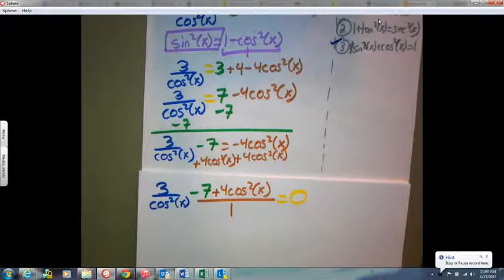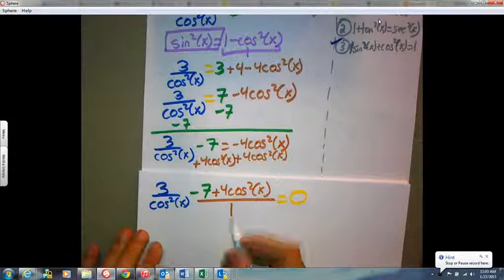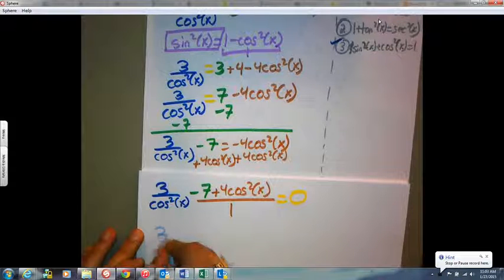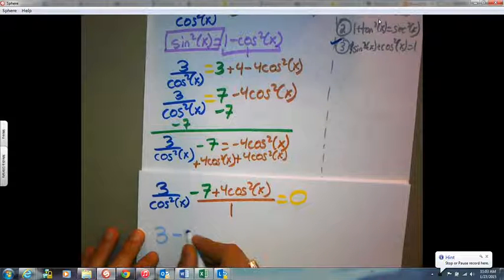Here, you need to use the trick to combine the two fractions, or find a common denominator if you prefer that. I prefer the trick, but if you prefer using a common denominator, that's fine. Remember, the trick is bottom right times top left, so that's 3. Bring the sign down, that's minus, and then this cosine squared times top right.